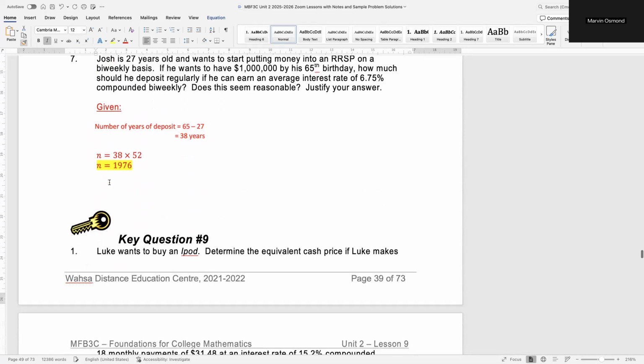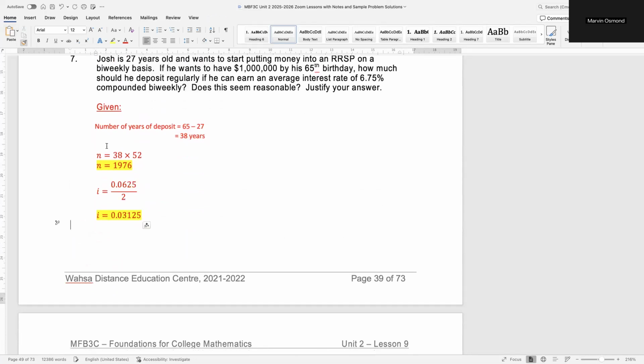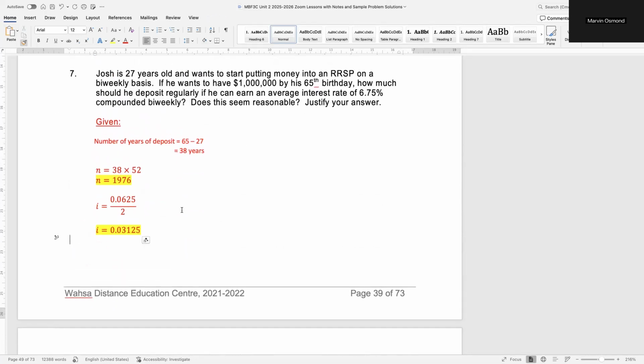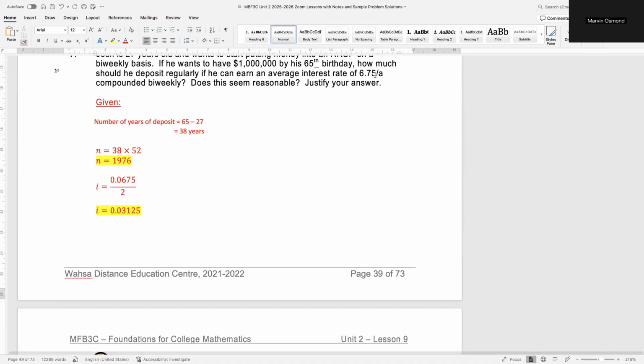Okay, down here. The interest rate this time is 6.75%. And this one we're probably going to have to leave as a fraction because it's 6.75% per year, compounded biweekly, so it's going to be 6.75% divided by 52.